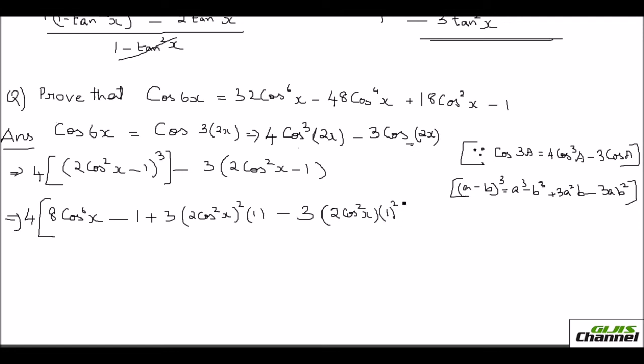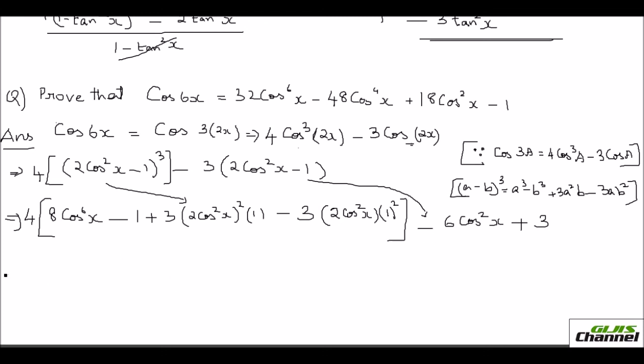Okay, so I have applied this. For this I have written this, and continuing, when you multiply this it becomes 6 cos squared x plus 3, because minus 3 times minus 1 is plus 3.